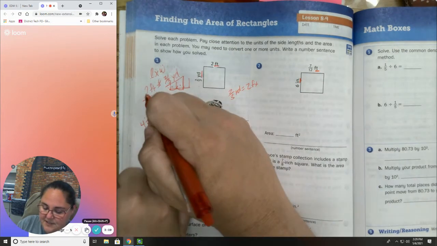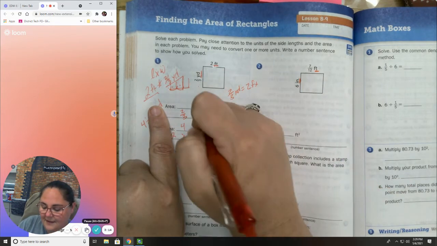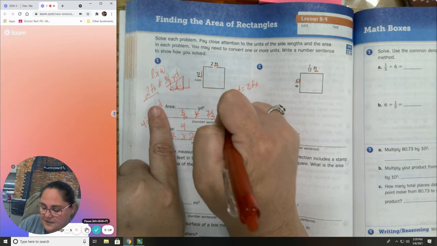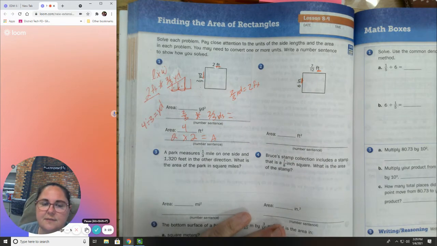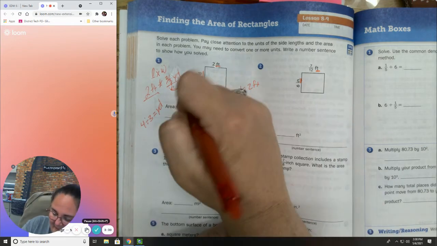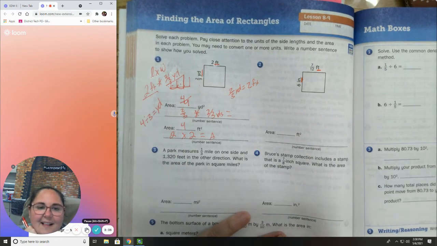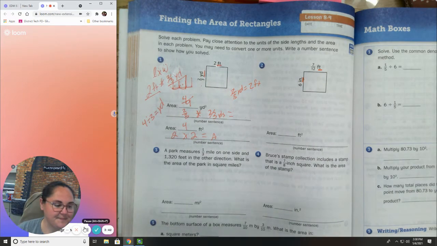So my number sentence, 2 feet here, would be 2 divided by 3, times 2/3 yards equals what? 2/3 times 2/3 is 4/9 of a yard. That's what you would do for this problem. You would convert it from feet to yards, and then adapt your measurements from there.